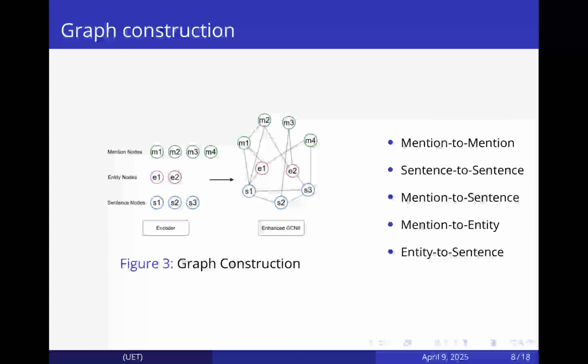And then from the word embeddings, we extract mention, sentence, and entity embeddings to construct a graph. The graph includes different types of nodes and edges, in which nodes represent mentions, sentences, and entities. Edges define relationships such as mention to mention or sentence to sentence links.